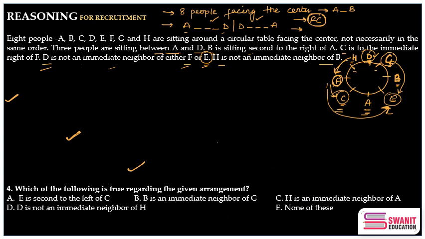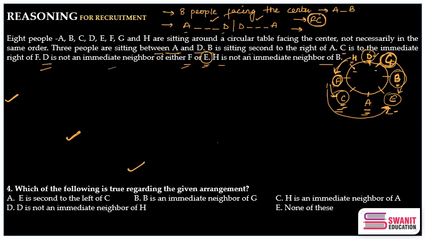Which of the following is true regarding the given arrangement? Let's check for it. E is second to the left of H. E is second to the left of C. No, E is second to the right of C. So that's not correct. B is an immediate neighbor of G. Yes, B is an immediate neighbor of G. But still, let's check the other ones as well.